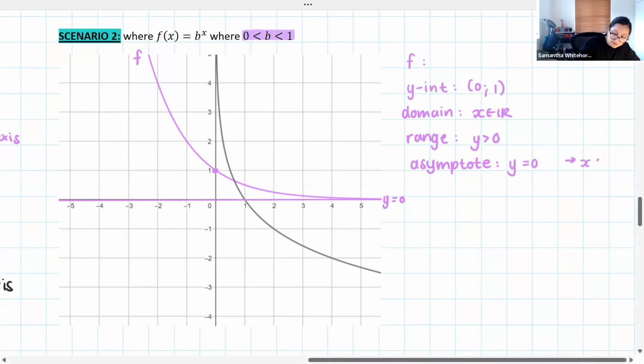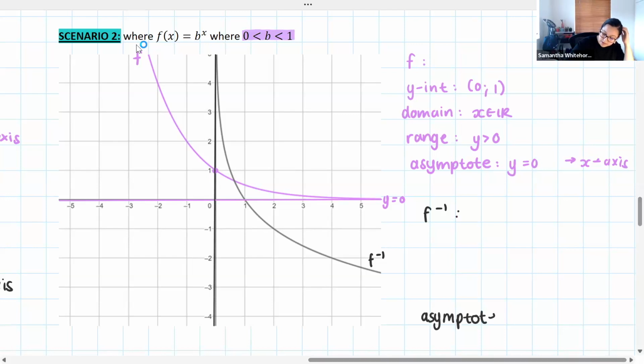So what we're now going to do is consider our inverse function. And again, hopefully what we're going to see is all the same sort of characteristics that we saw earlier. So if we now consider our inverse function, it obviously does not have a y-intercept because the y-axis is now the asymptote. So our asymptote here is the y-axis, so it has the equation x equals 0.